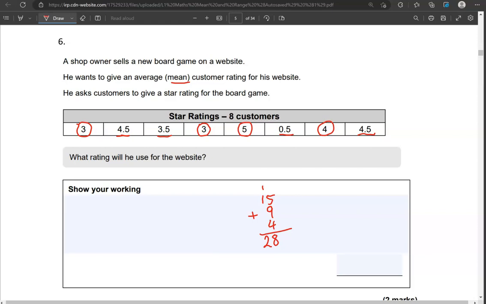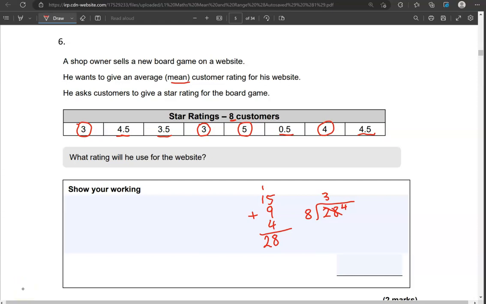And we're going to divide this by 8, because there are 8 numbers. So 28 divided by 8. So how many 8s fit into 28? That is 3, because 3 lots of 8 give us 24. So we have 4 remaining.